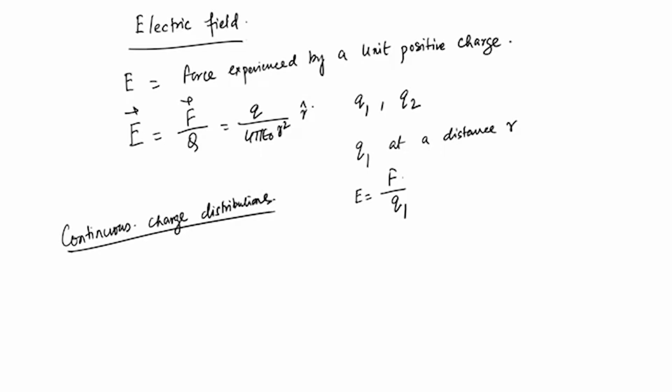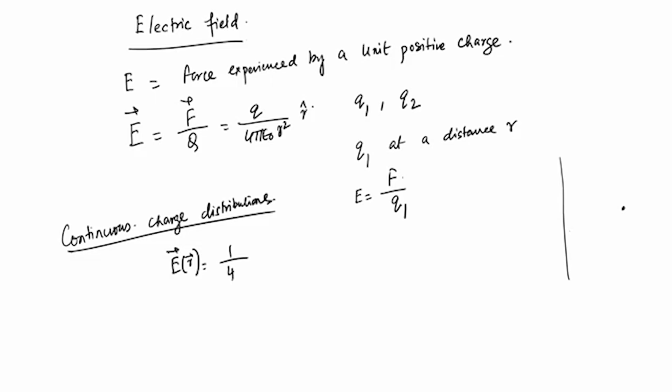Let us write down a general formula for the electric field for a continuous charge distribution at a given point r, which is at a distance from this charge distribution. Suppose you have a linear charge distribution. There is a wire which has charges pasted on it, and you want to know what is the electric field due to this charge distribution. This is exactly one of the problems that we are going to do.